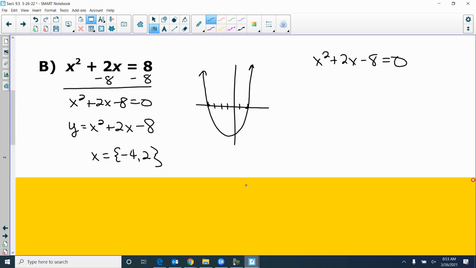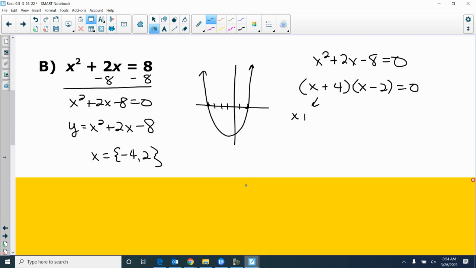Now, if you were given that equation on the test yesterday, how would you solve it? Pay attention, George. Okay. Well, just to kind of fix a couple of mistakes. Preston, what would you do? You have to find what multiplies to negative 8, that's 2. And what are those? 4 and negative 2. Okay, and we would factor it into x plus 4 times x minus 2 equals 0, right?